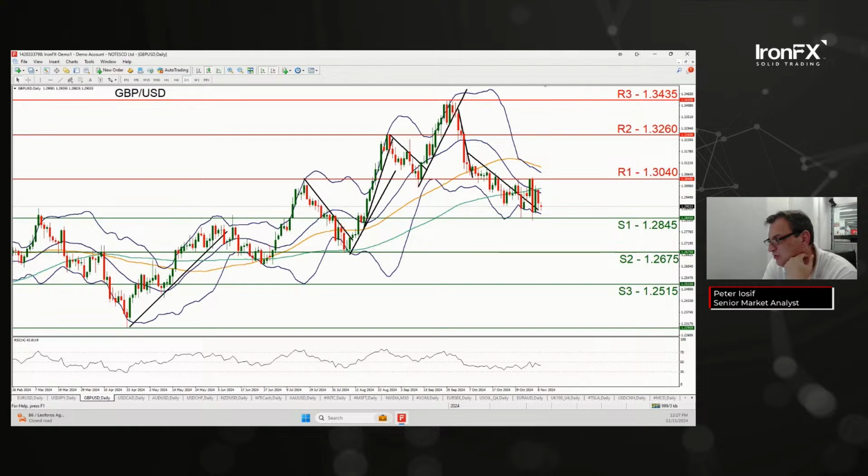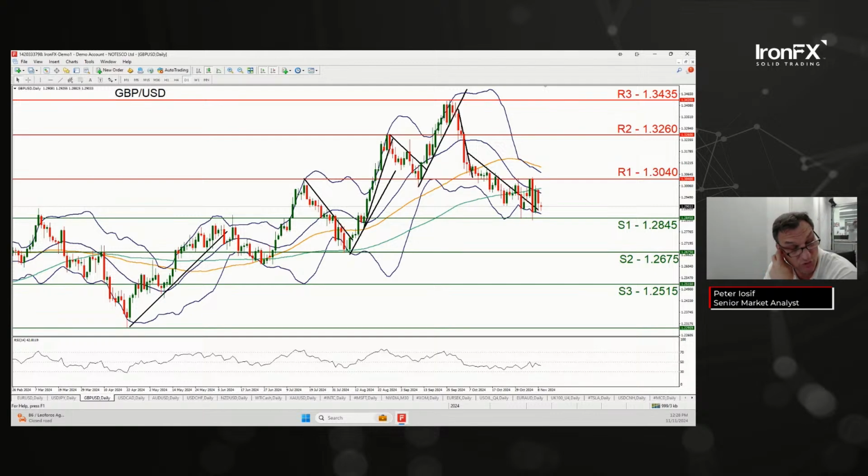For the time being, on a technical level, as mentioned, we maintain a sideways motion bias between the S1 and the R1. Yet I would be noting also at the same time that the RSI indicator remains stubbornly below the reading of 50, which tends to imply a slight bearish predisposition on behalf of the market for the pair.